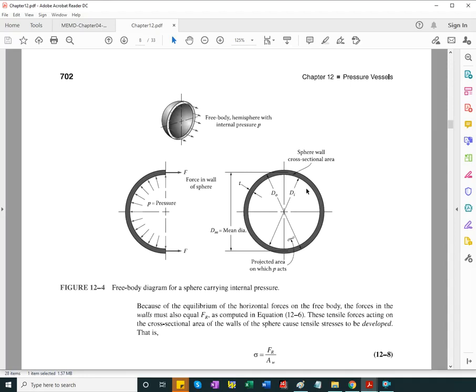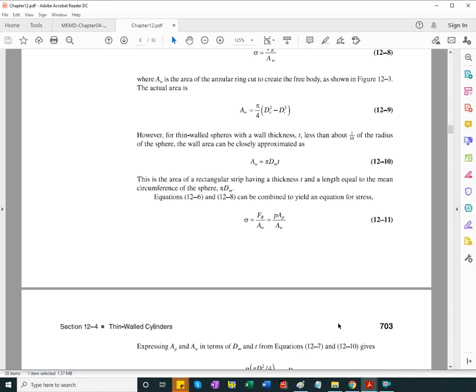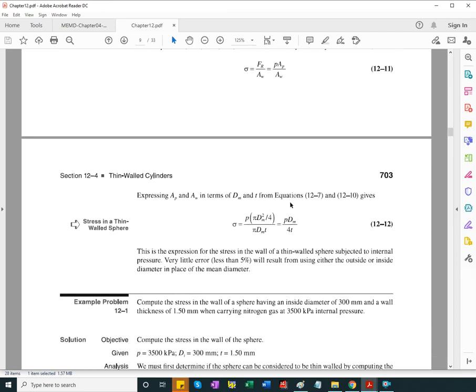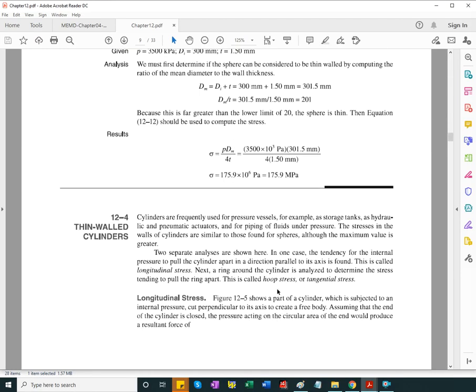As you can see, I said earlier that it's the inner diameter for the projected area, but it's considered to be the mean diameter instead. Anyway, this is the first equation to remember. It allows you to calculate the stress in a thin wall sphere, so make sure firstly that the sphere is thin wall.